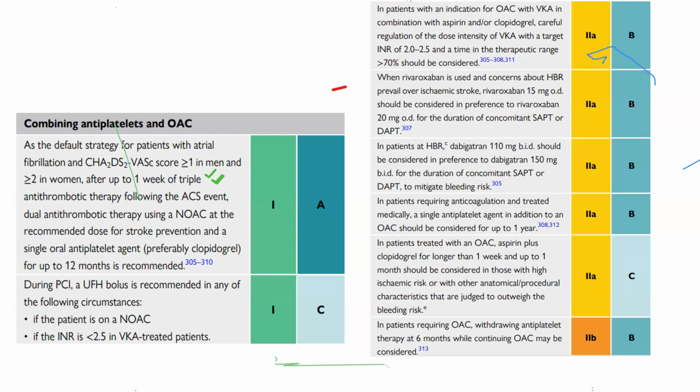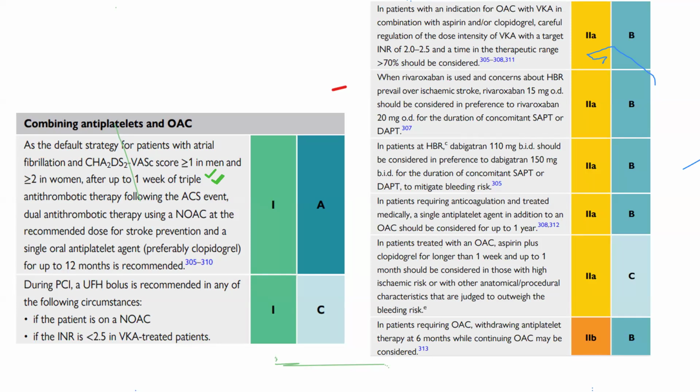Then in patients with an indication for oral anticoagulation with vitamin K antagonists in combination with aspirin or clopidogrel, careful regulation of the dose intensity of the vitamin K antagonist with a target INR of 2 to 2.5 and time in therapeutic range of greater than 70% should be considered.